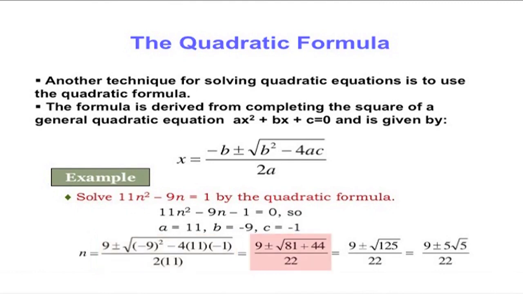You will find (9 ± √(81 + 44)) / 22, which gives (9 ± √125) / 22, and you will get (9 ± 5√5) / 22.